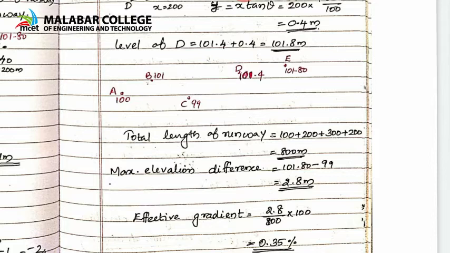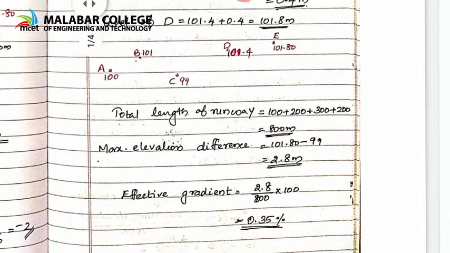That is the total horizontal distance, equal to 800 meter. Then the maximum elevation is at point E, 101.8, and the minimum is at point C, that is 99.